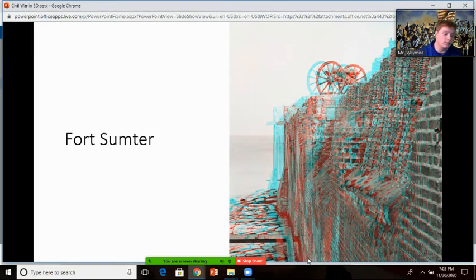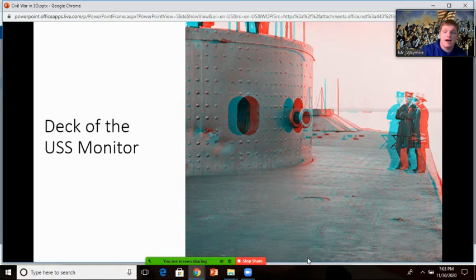That's important to know. Next, we have the deck of the USS Monitor. So of course, during this time, another change of technology was that some of the ships being used by both sides were now ironclad ships, based on the belief that if you covered certain parts of the ship in metal, it would have more defense and be better for warfare.